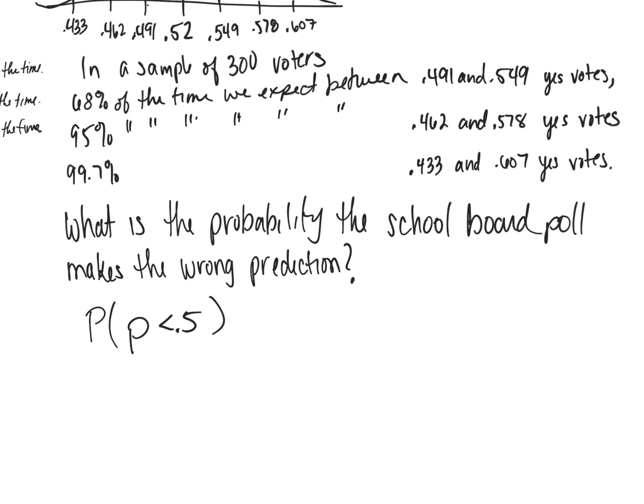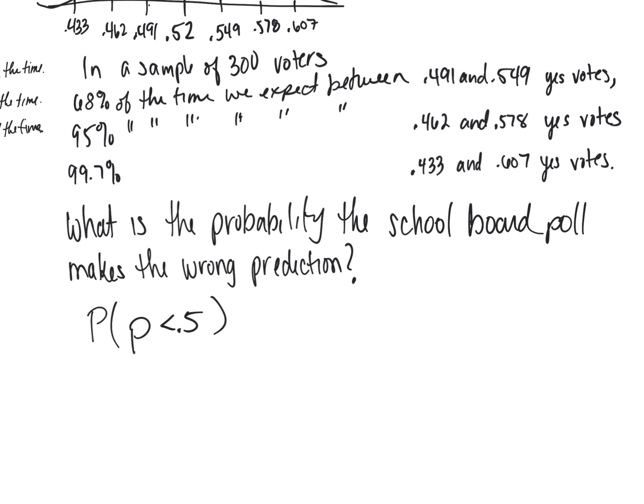How do I find the proportion if I know a mean and a standard deviation? We know our mean is 0.52. We know our standard deviation is 0.029. I do not mix the two formulas.